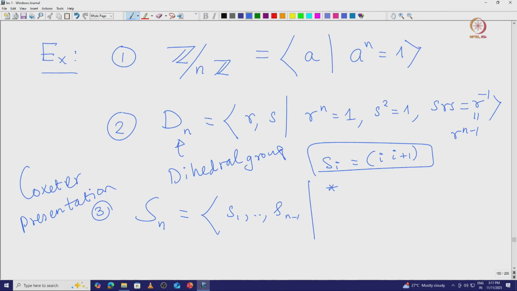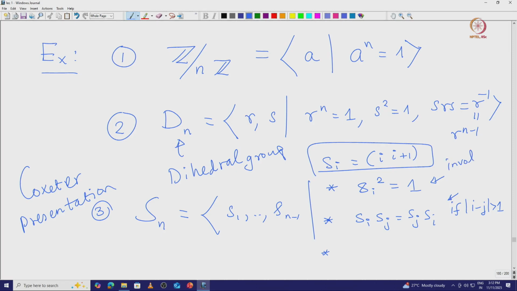First relation, si squared, being a transposition, will have order 2, and some commutation relations are there. That is given by si sj, which will commute whenever i and j are far apart, that means the modulus of i minus j is greater than 1. And we have what is called the braid relation.